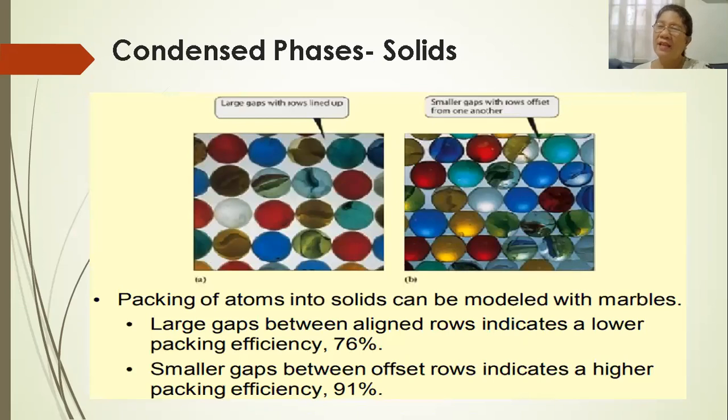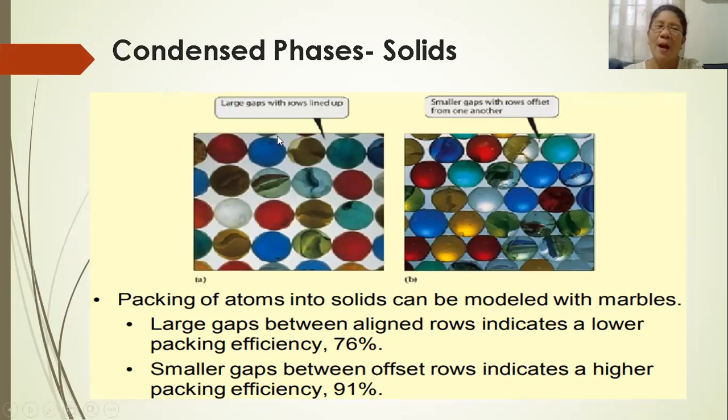Let us take a look at this example. An example is marbles. These are marbles here, arranged in two different ways. This is the first one. As you can see, there is empty space between one marble and another.